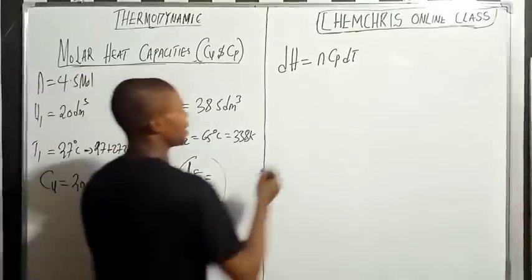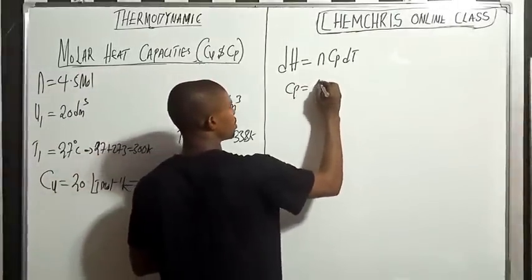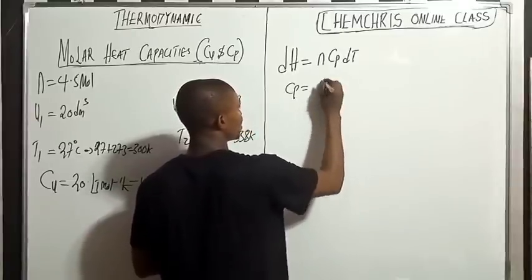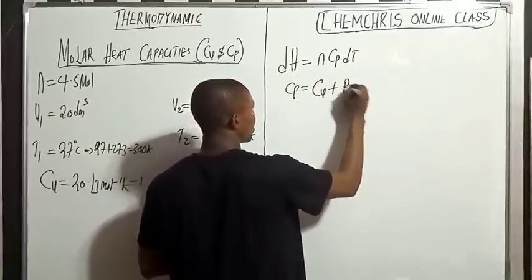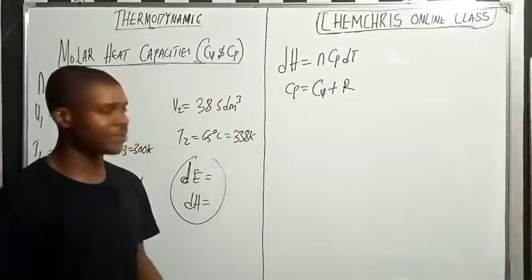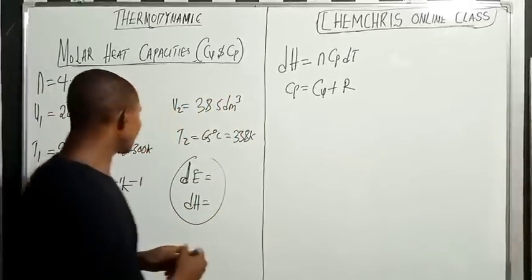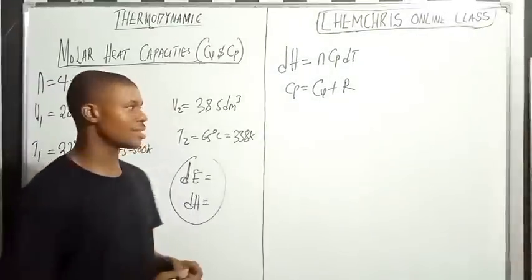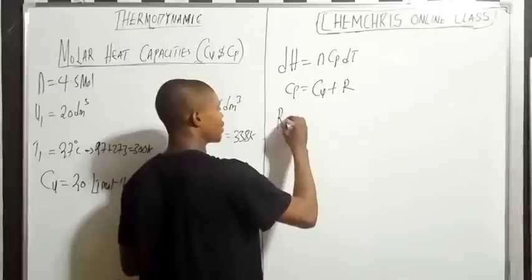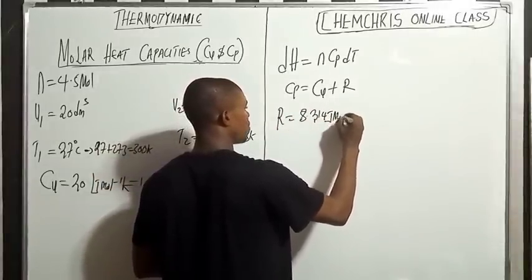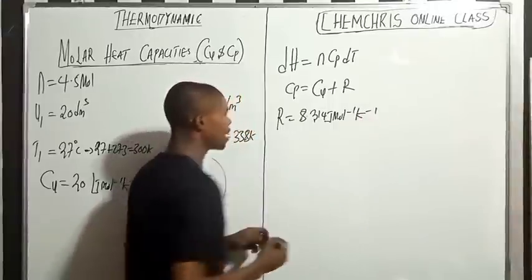But we know that Cp equals Cv plus R. So that is the relation between Cp and Cv. Remember R is the gas constant, which equals 8.314 joules per mole per Kelvin.